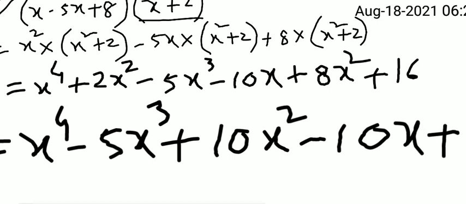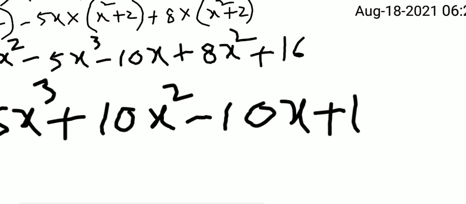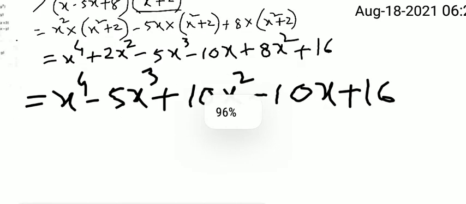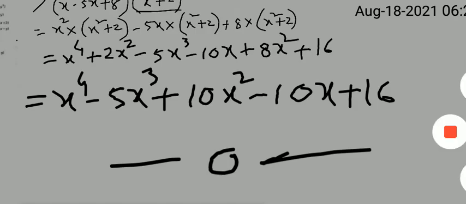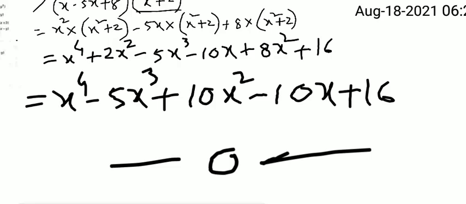Then plus 16. Okay. So x to the power 4 minus 5x cube plus 10x square minus 10x plus 16. So this is the required answer of question number 26.